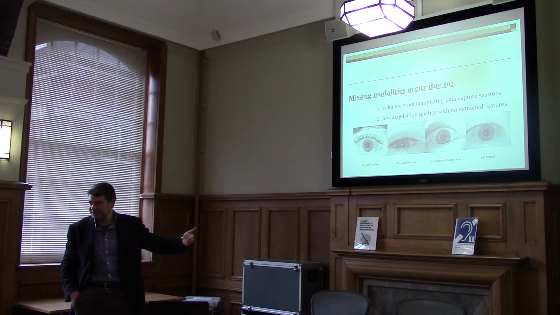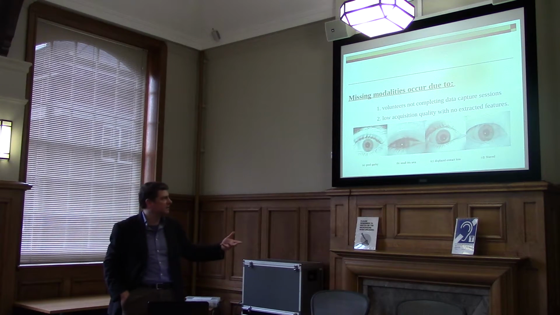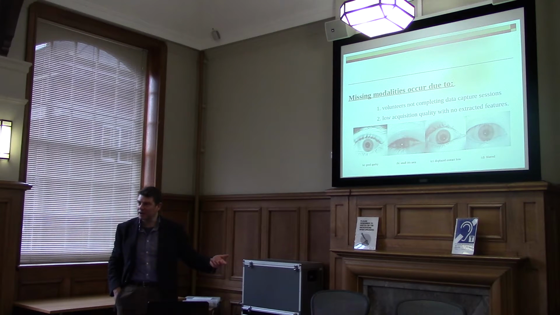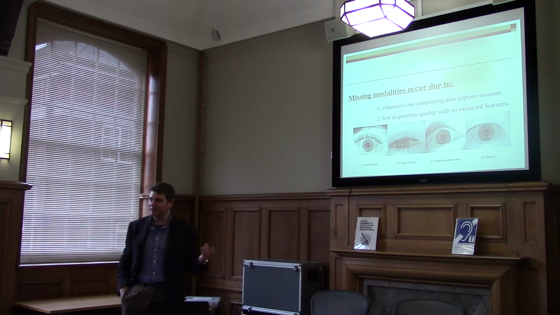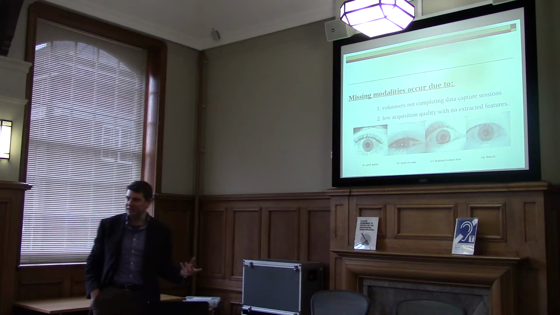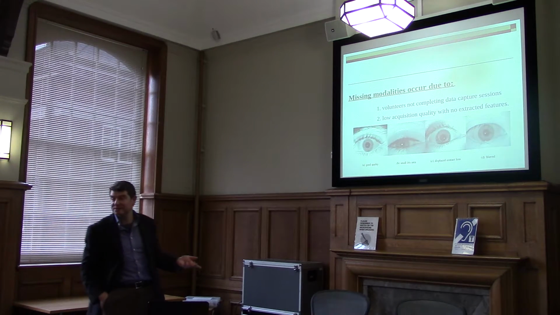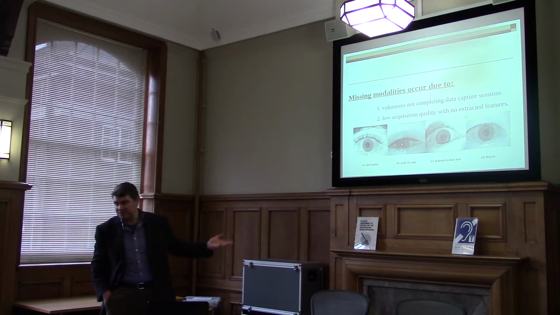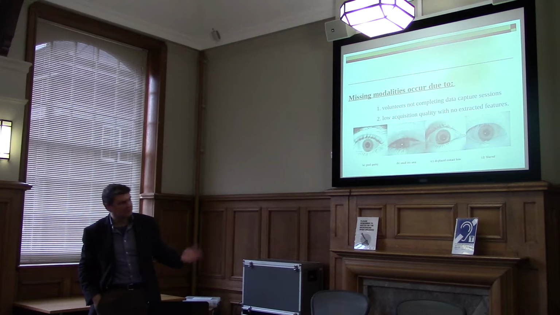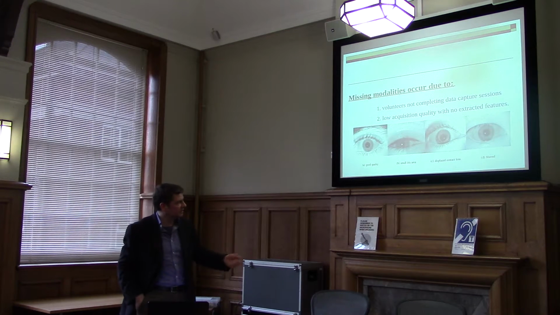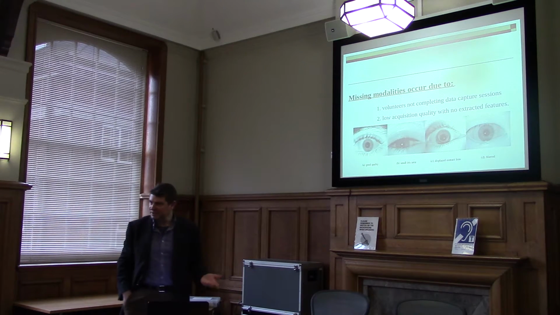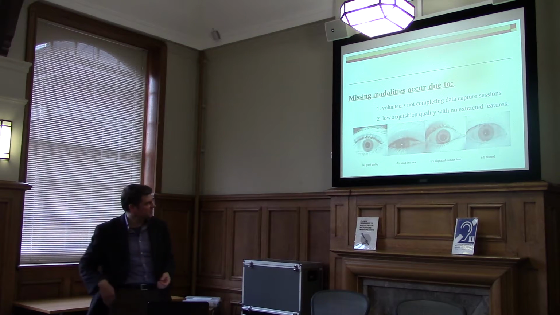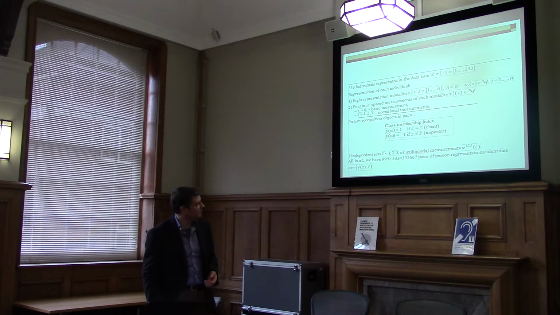If the iris is in shadow, chances are you're not going to be able to delineate it. If people are wearing contact lenses, iris scans work pretty much okay with a well-placed contact lens, but if the contact lens is displaced, then you can't get a good iris scan. Sometimes people just move as the camera is taking its image, in which case obviously you lose the fine detail. So lots of different reasons.